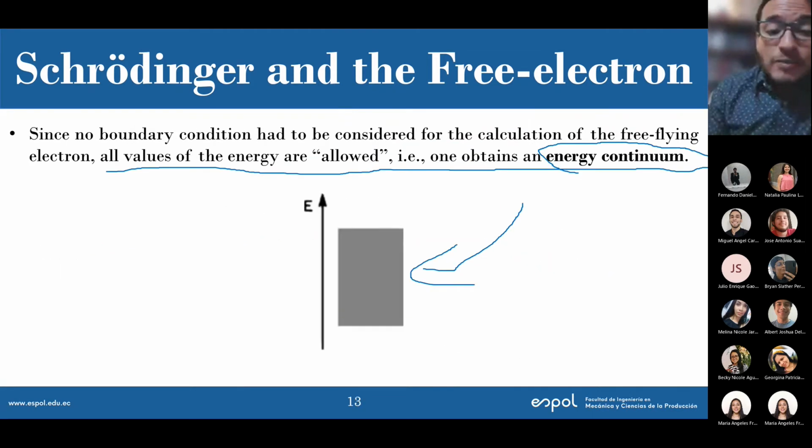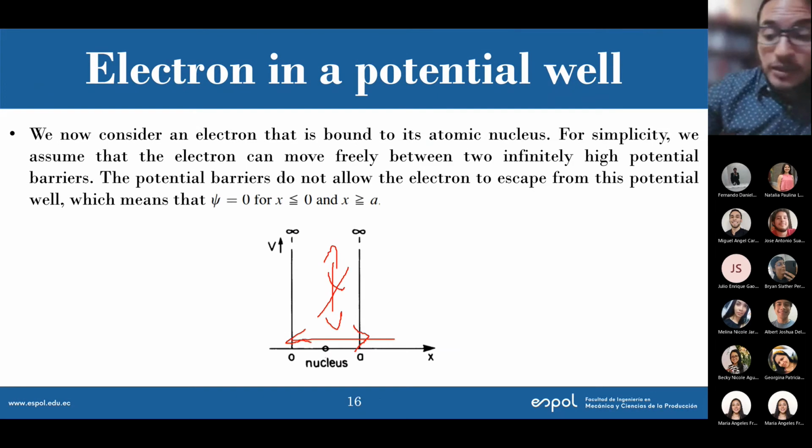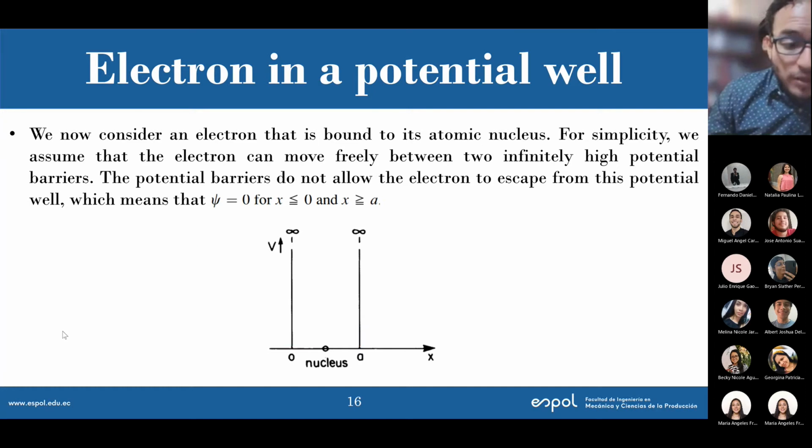Now, I'm going to explain this, Fernando, with this simple clarification. The electron can still move freely within these barriers. There is no potential energy inside the wells. Where I have the barriers, where I have the potential energy, is here.